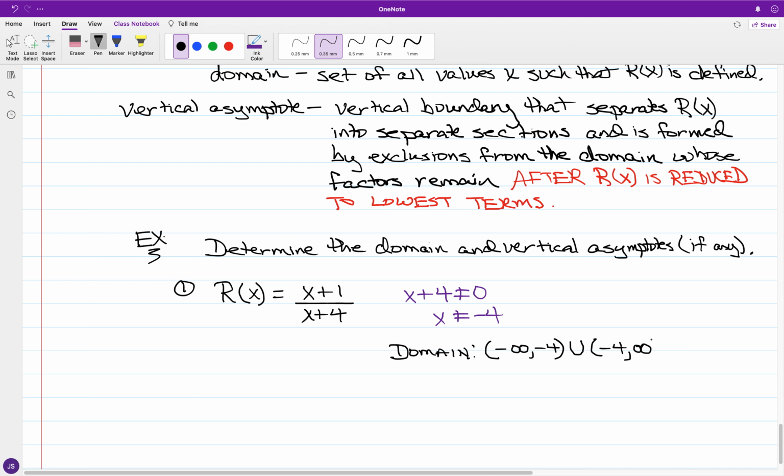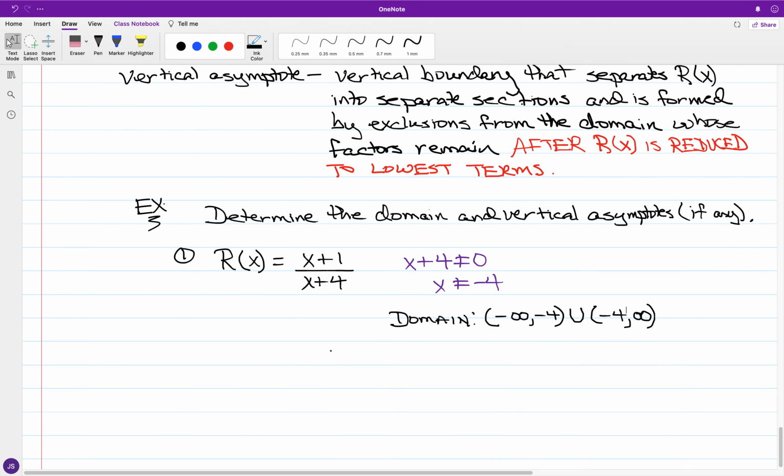Okay, and since x plus 1 over x plus 4 is already in simplest form, that means negative 4, which stems from x plus 4, is not going to cancel out; x plus 4 remains. So with the vertical asymptote, this will be the exclusion from the domain.